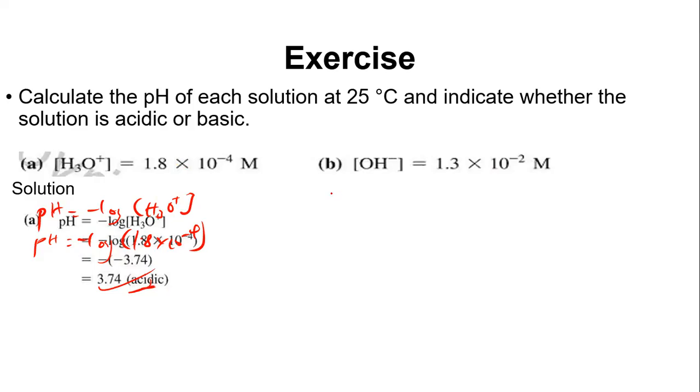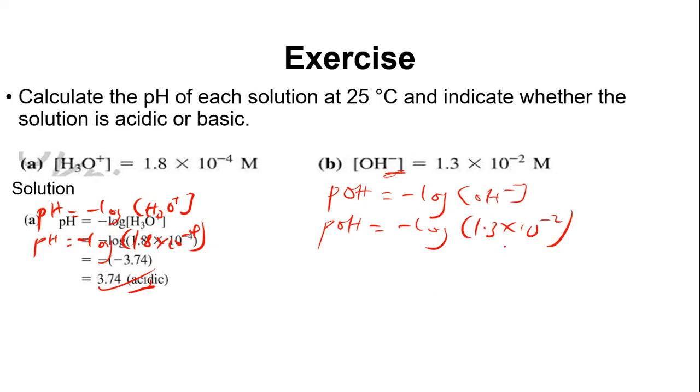Good. Then, because we have the OH- ion concentration, we have to first of all find the pOH. The pOH is negative log of the OH- ion concentration. Then the pOH will be equal to negative log of 1.3 × 10 raised to the power negative 2. Good. Now you find it. Let me punch it in: negative log of 1.3 × 10 raised to the power negative 2.